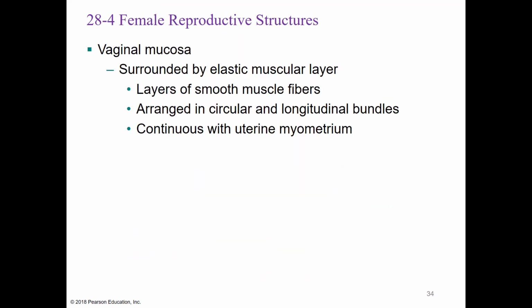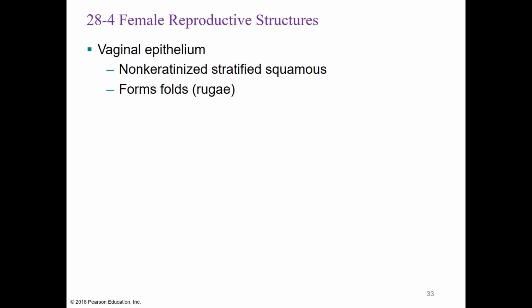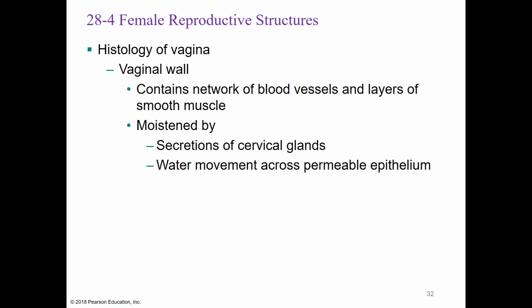So let's talk about the histology of the vagina. So the vaginal wall is going to contain networks of blood vessels and layers of smooth muscle as well, and it is moistened by secretions of the cervical glands. Water also moves across the permeable epithelium to produce vaginal fluid.